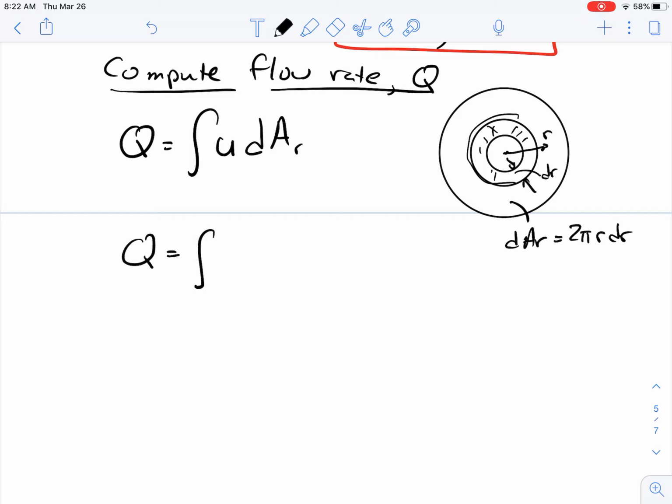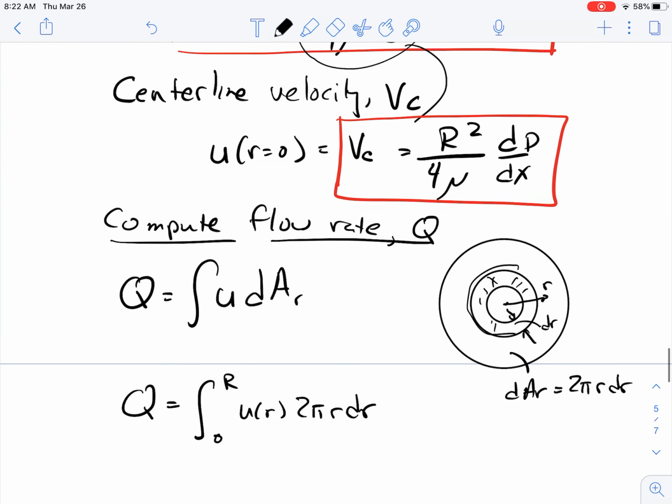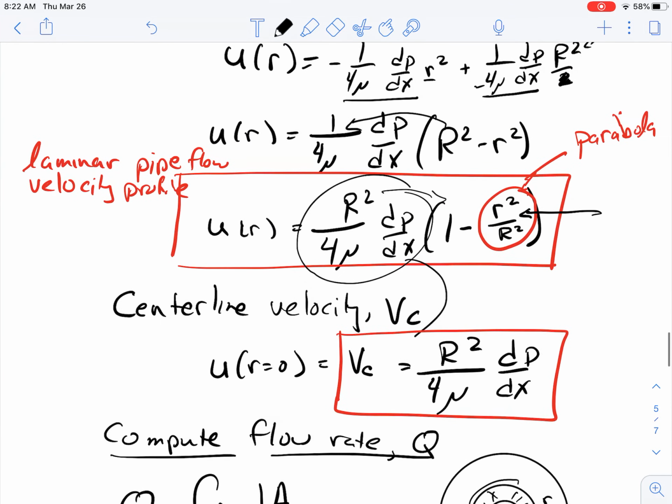So we'll do the integral from 0 to big R of u of r times 2 pi r dr. So what do we do for the u of r? Well, we can just substitute our equation in either of the forms we're interested in.